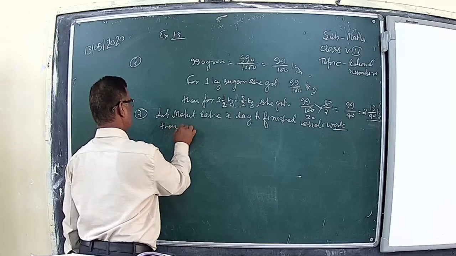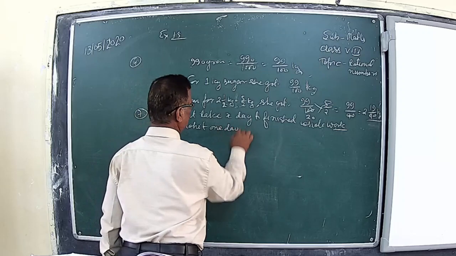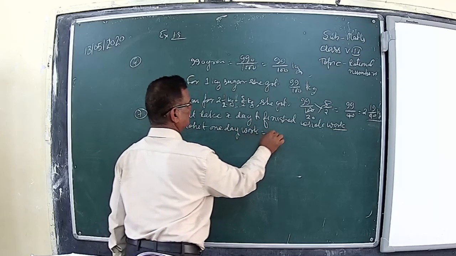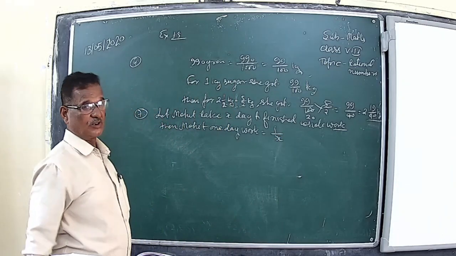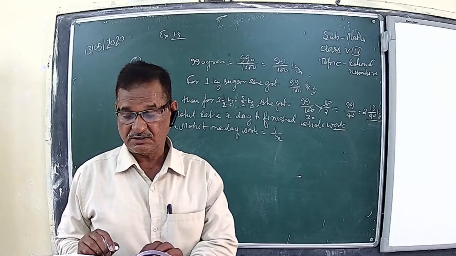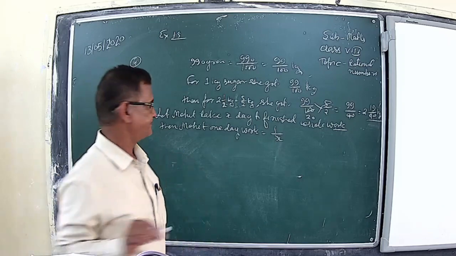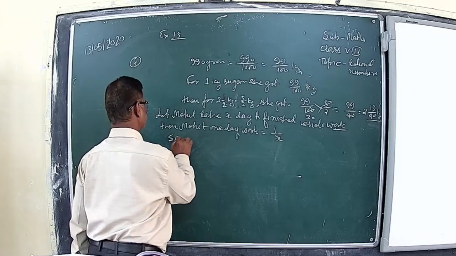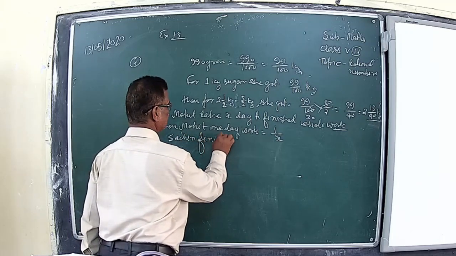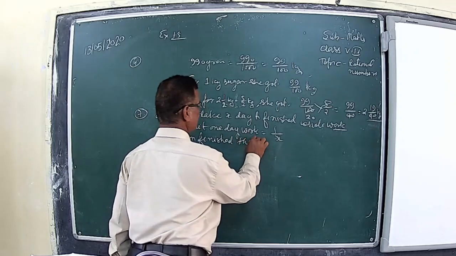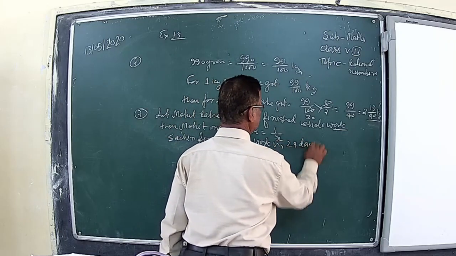Then Mohit's 1 day work is equal to 1 by X. This much part of the work is finished by Mohit in 1 day. And here it is given, Sachin finishes the work in 24 days.